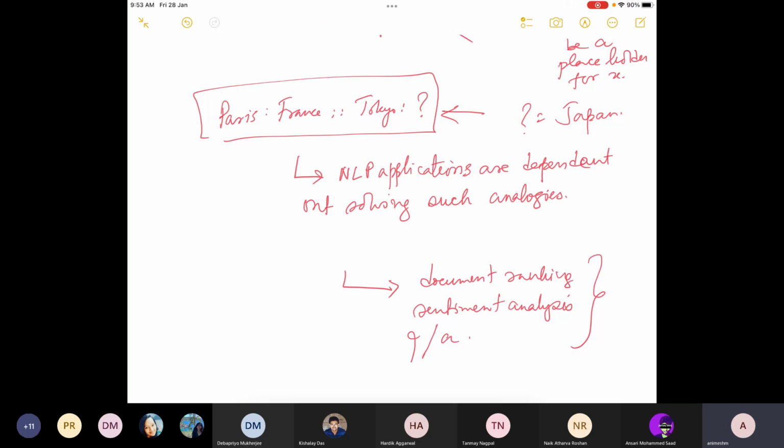And therefore, computer scientists have developed a very keen interest in studying the mathematical representations of words and what interesting problems can be solved by having this kind of mathematical representations.